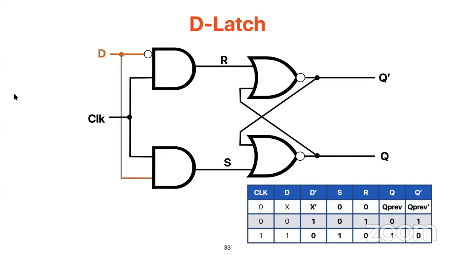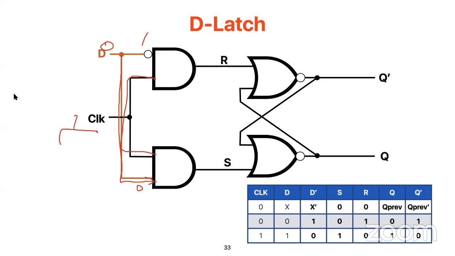So this D, if it's 0, then this part goes to 1 and this part goes to 0. But again, this wire also has its own delay.